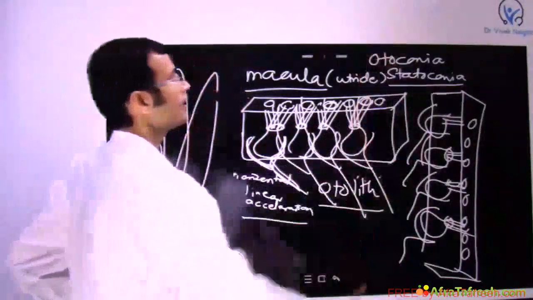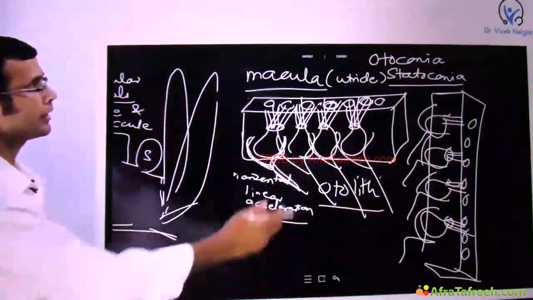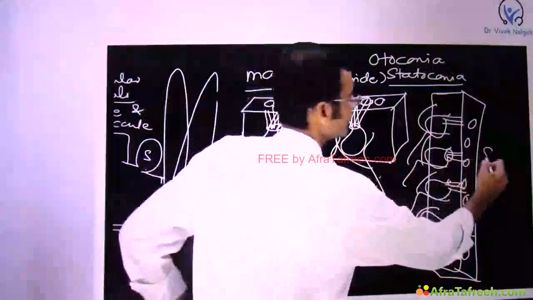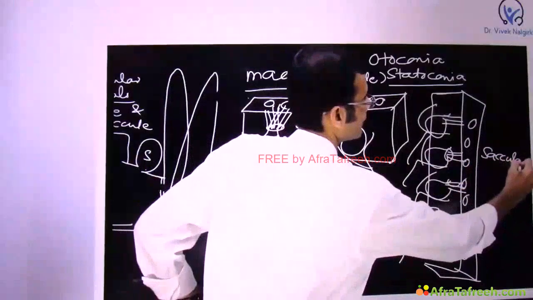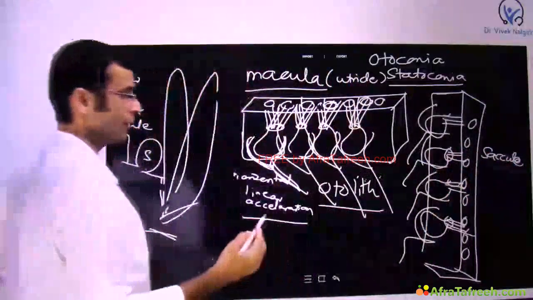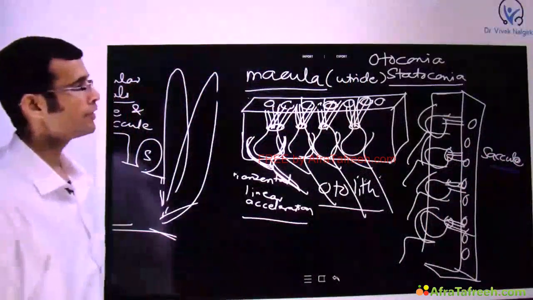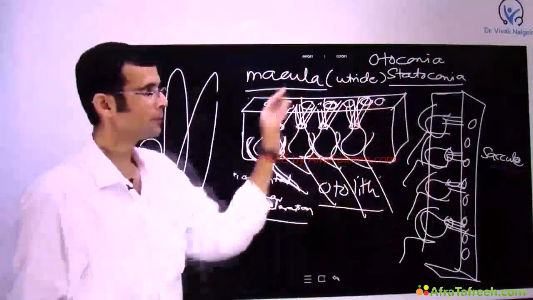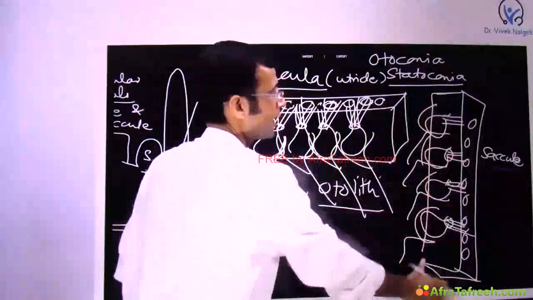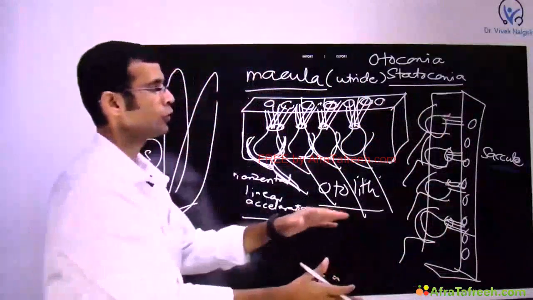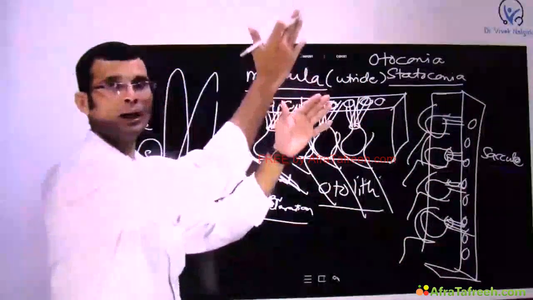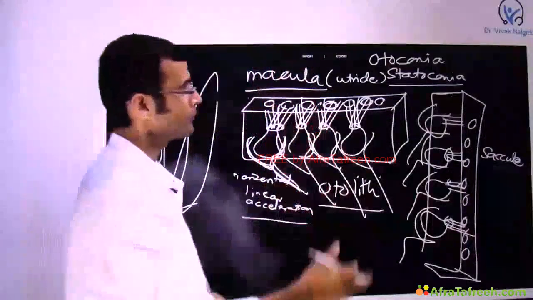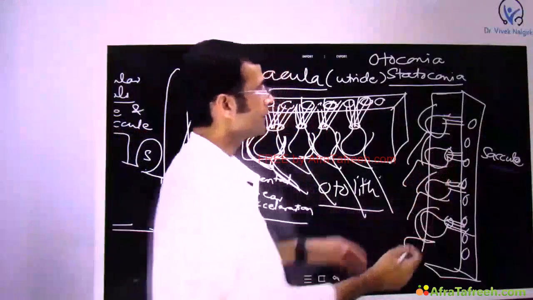Vertical linear acceleration: this is the macula inside the saccule, which plays the role in equilibrium with vertical linear acceleration. Imagine this person, this is the head of the person, and this is the macula inside the saccule. So when suddenly the lift starts going up, the elevator starts going up suddenly, what will happen? The same thing.